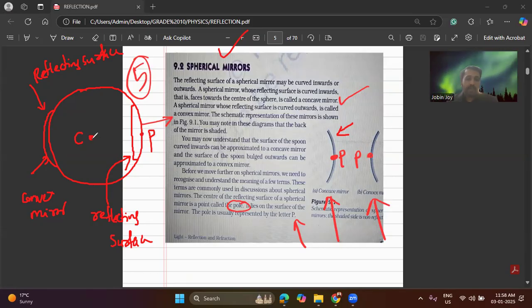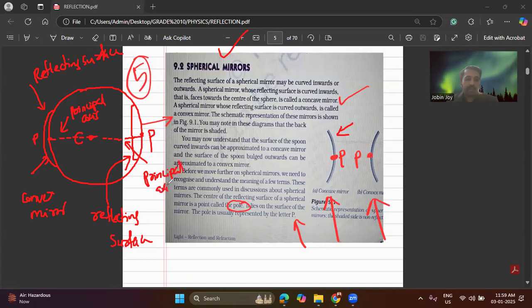This is the pole of concave mirror, and this is convex mirror, and this is the pole of convex mirror. If I'm joining this pole to center of curvature of this convex mirror, this is what is called a principal axis. And this is the principal axis of concave mirror.